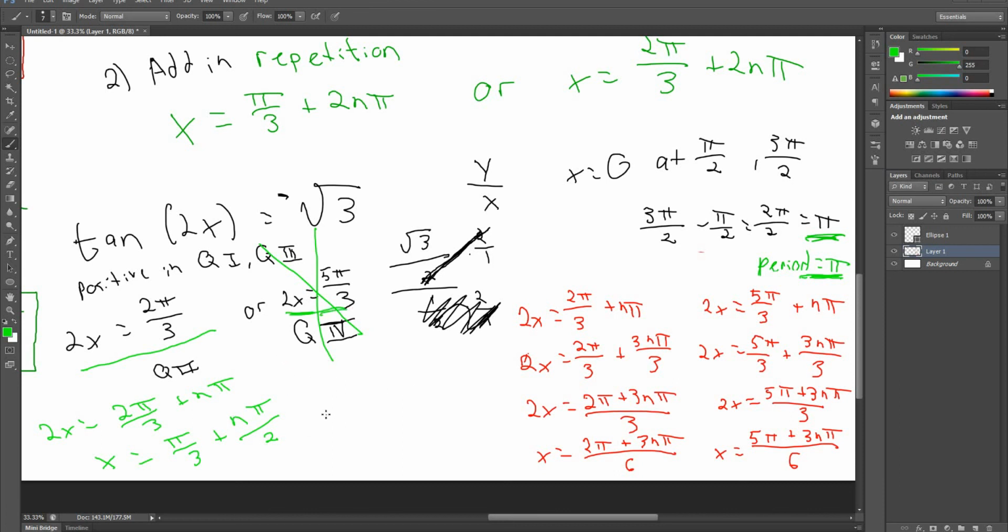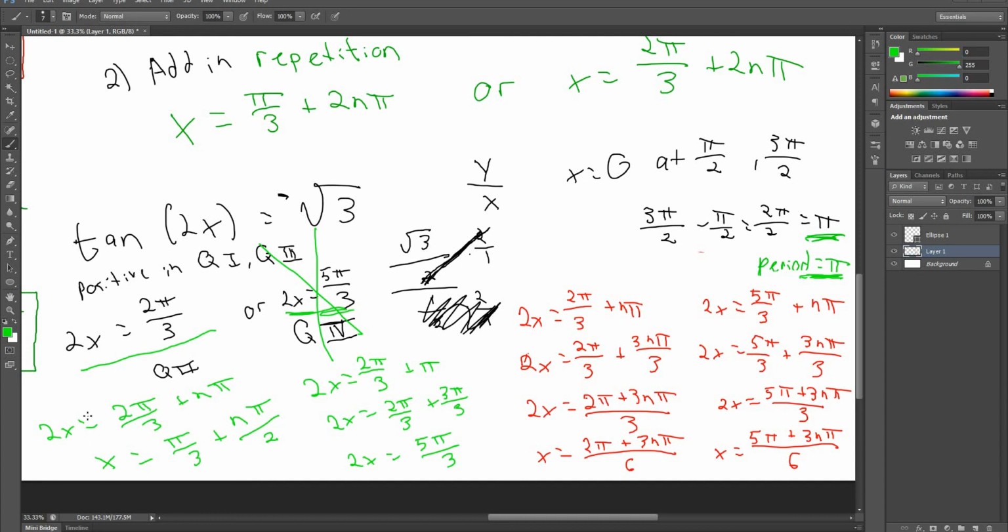I want to show us this form, so I'm going to leave this in terms of 2x. So 2x is equal to 2 pi over 3 plus pi. Well, pi is 3 pi over 3. So 2x is equal to 2 pi over 3 plus 3 pi over 3. But now we can combine these and we get 2x is equal to 5 pi over 3, which is what we had.